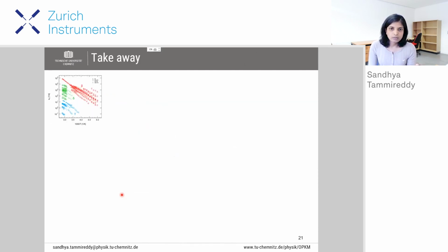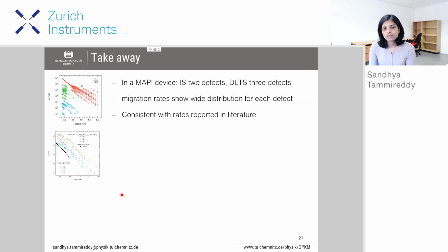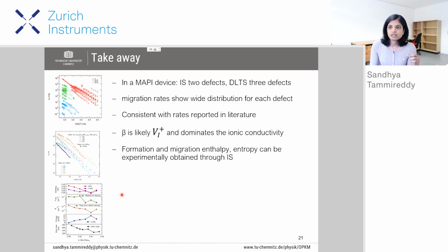So to summarize my talk, so far we saw that there's one defect that seems to be dominant in many perovskites, in 3 different perovskites, and it seems to be the iodide vacancy. It is indeed possible to obtain the thermodynamic quantities by using impedance spectroscopy, and you can separate mobile and immobile ionic defects by using this evaluation method.